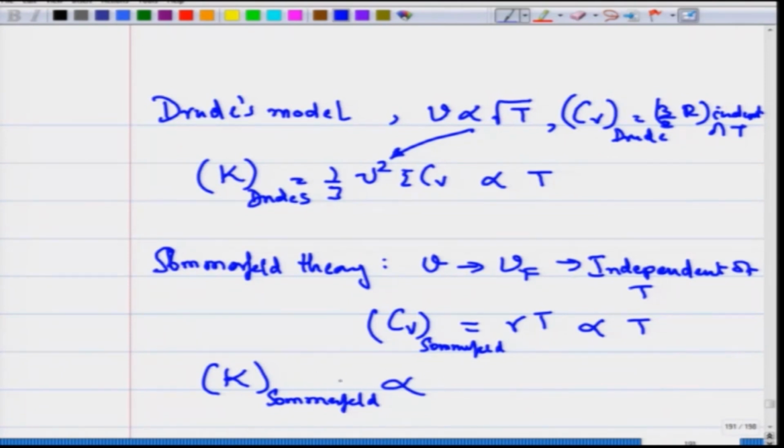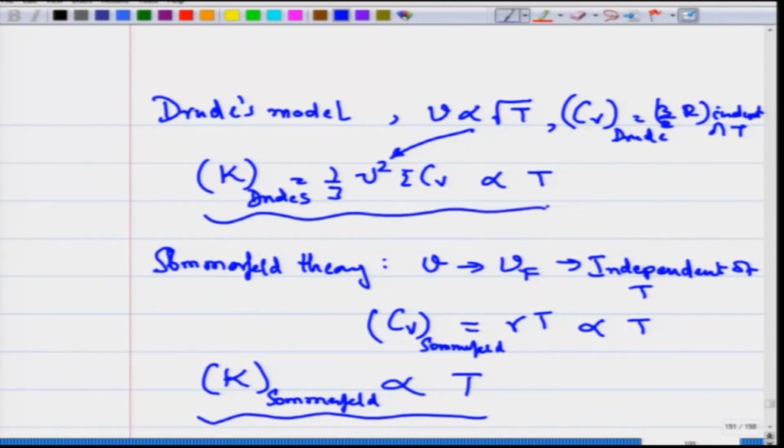So, the kappa in Sommerfeld's model also turns out to be proportional to temperature. So, whether you look at Drude or whether you look at Sommerfeld, at room temperature the values are typically similar, and the temperature dependence of kappa also turns out to be roughly similar whether you look at Sommerfeld or Drude's model.